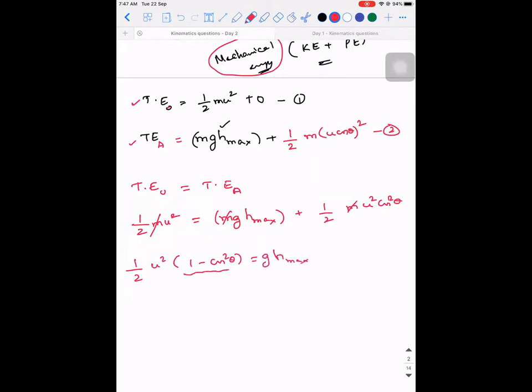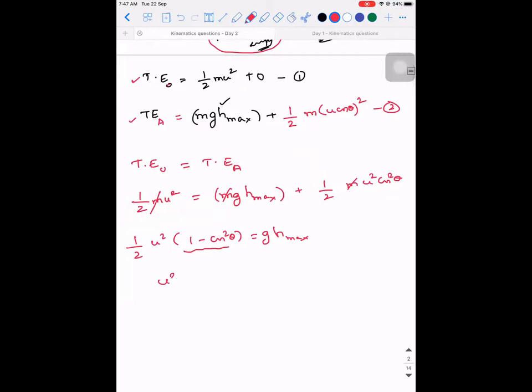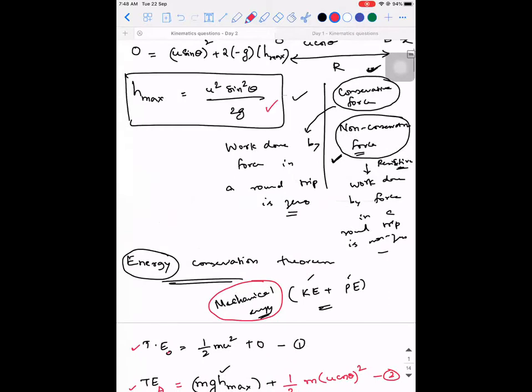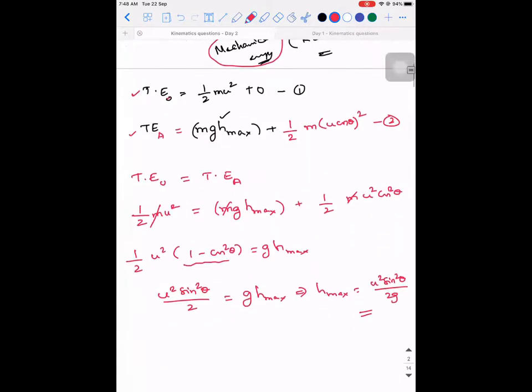So 1 minus cos square theta is what? Sine square theta. So u square sine square theta divided by 2 is equal to g into h max. So what is h max? u square sine square theta divided by 2g. Are you getting the same expression? u square sine square theta by 2g. Here also you will get u square sine square theta by 2g.